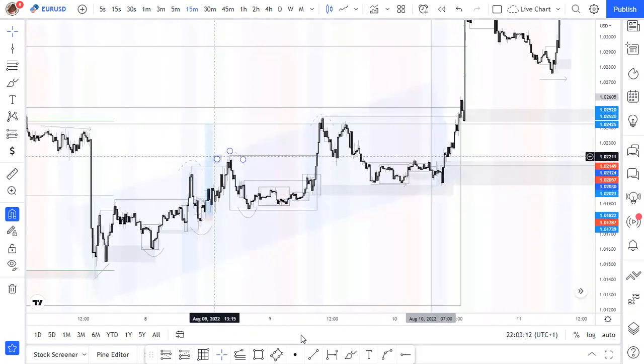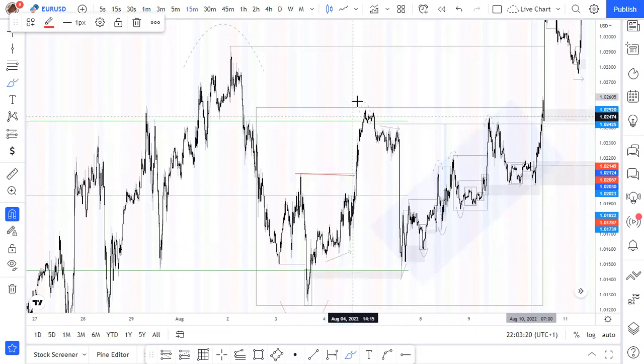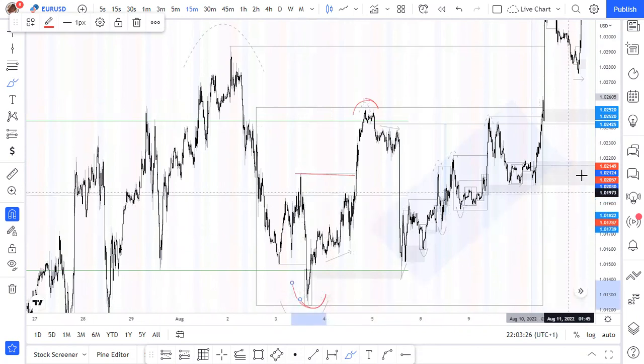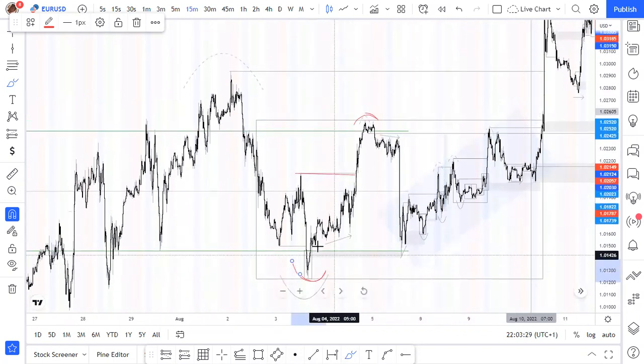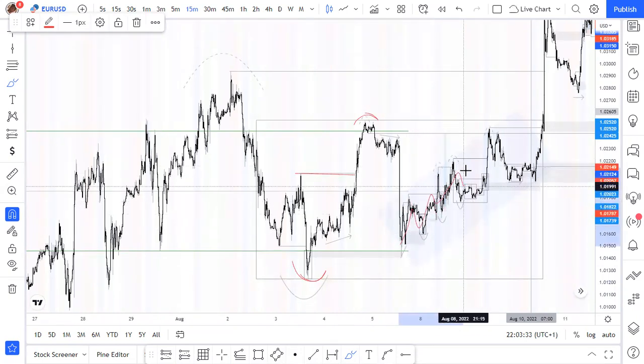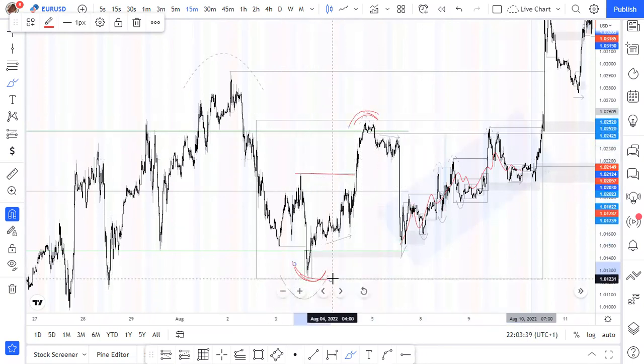It's like a 15 minutes internal structure because we are working with this breakout structure here. So this is the 15 minutes high and this is the 15 minutes low. This is our trading range on the 15 minutes bar. Then we had all this internal bullish market structure within this 15 minutes range.